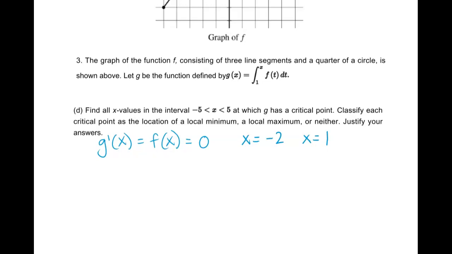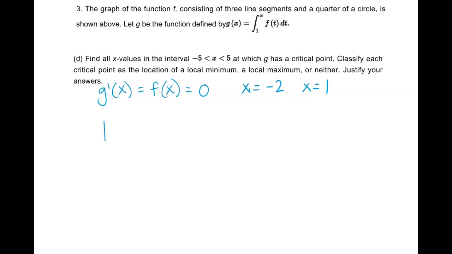And we're going to have to test around them to see if the signs change. So let's make a little table. There's our x's, and we'll do g prime of x, which is the same as f of x right here. So we already know that the derivative is 0 at -2 and 1. So let's check between them and on either side.